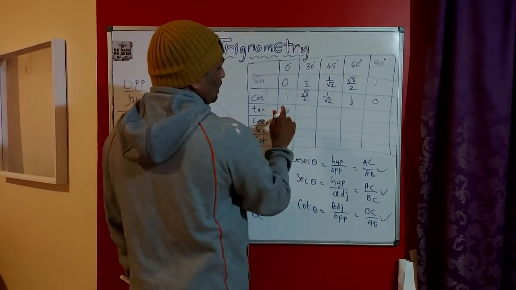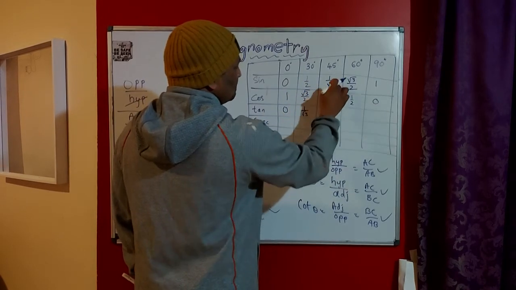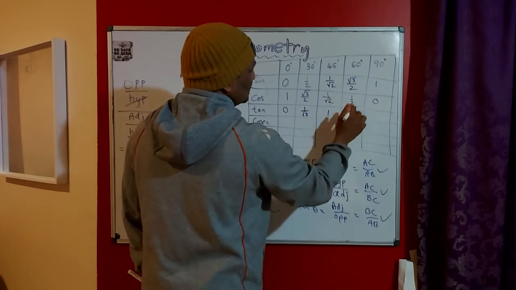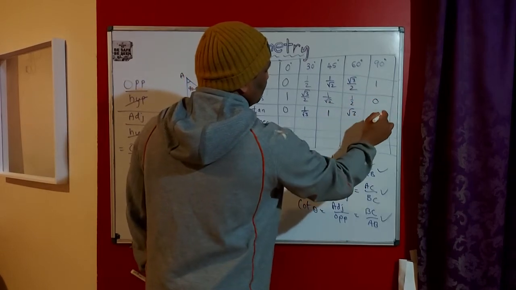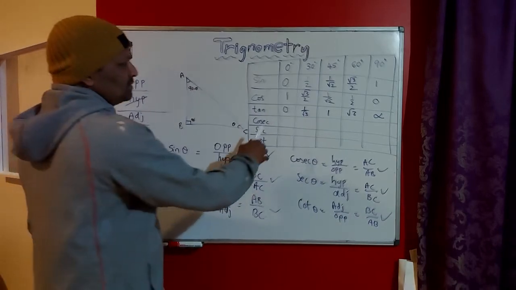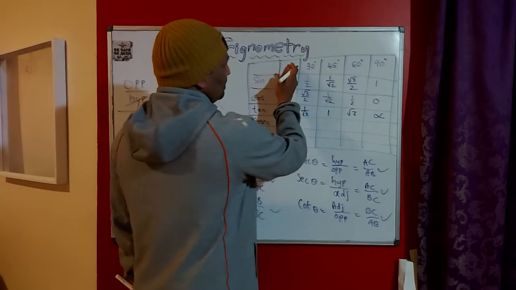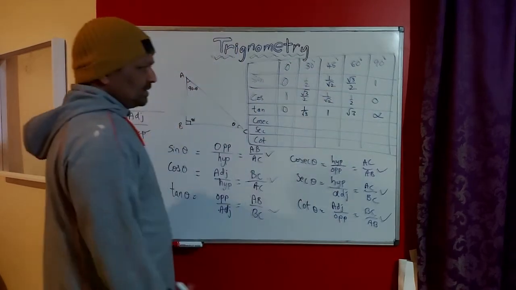What is this one? 0 by 1, that is 0. This by this, that is 1 by root 3. This by this, 1. This by this, root 3. This by this will be infinite. So tan value is going from 0 to infinite when we are moving from 0 to 90 degrees.